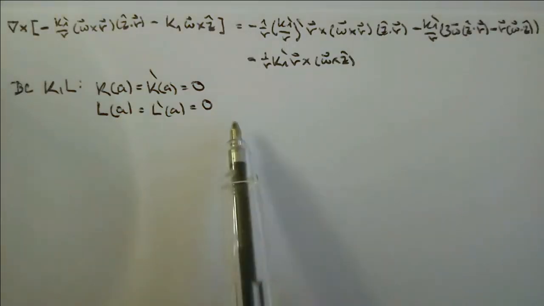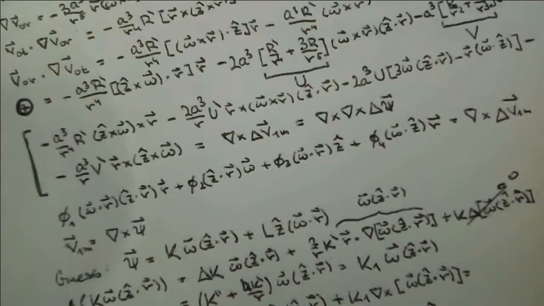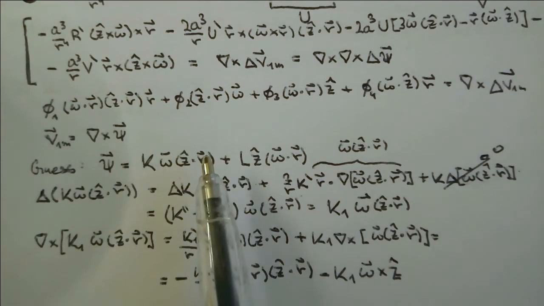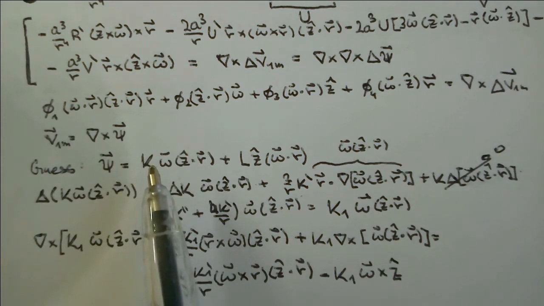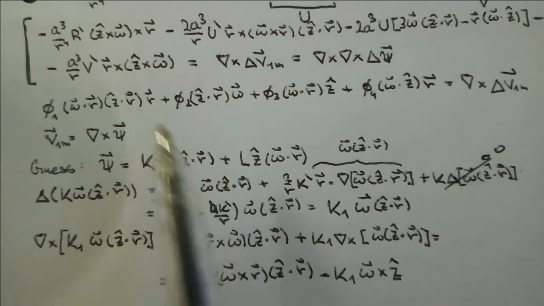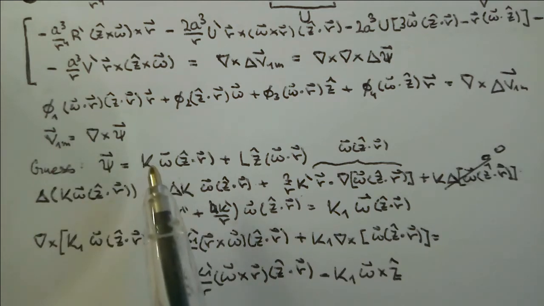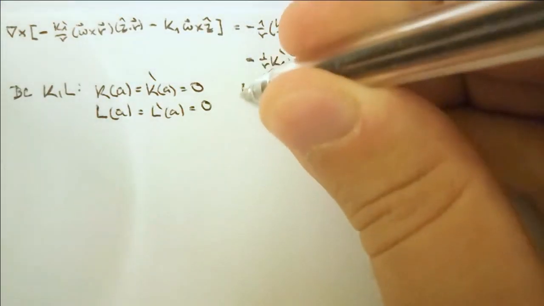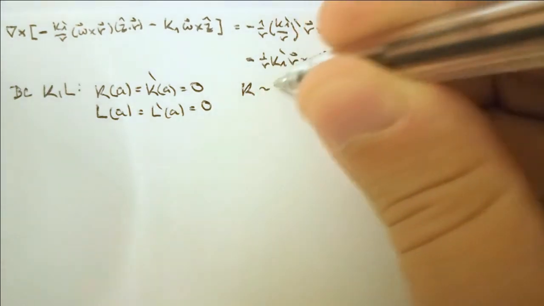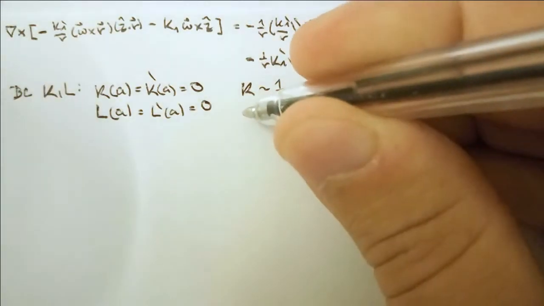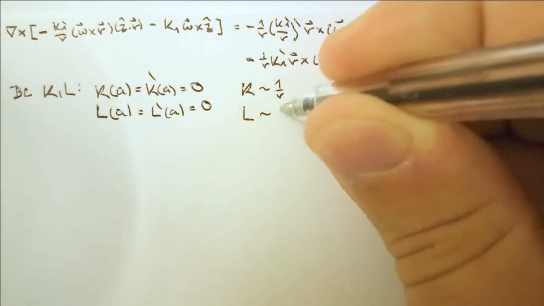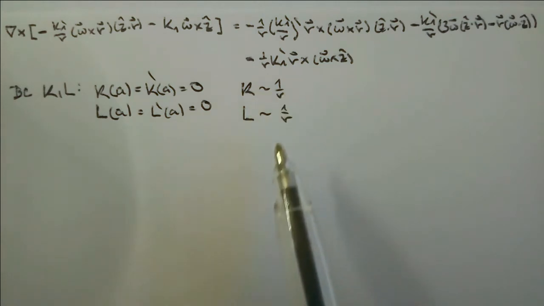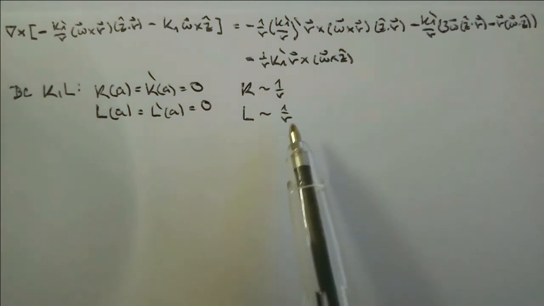And if you solve this, this is linear in R times the degree of k in it, so the velocity is just a degree of k and L respectively, so k cannot be a degree more than 1 over r to the minus 1, and L cannot be a degree more than 1 over r, so these two are proportional to 1 over r, no more than that.